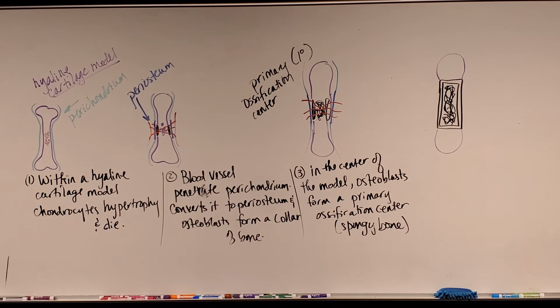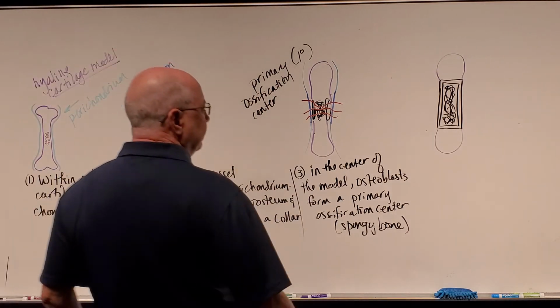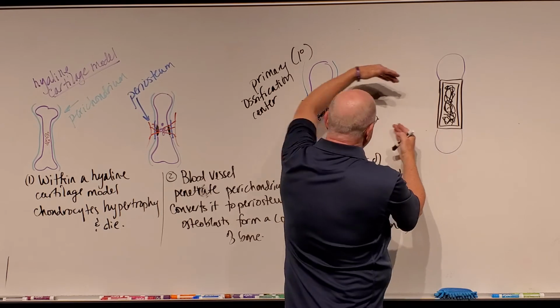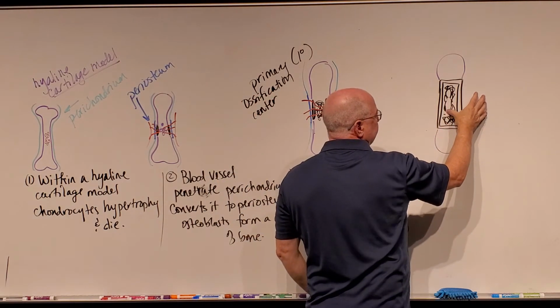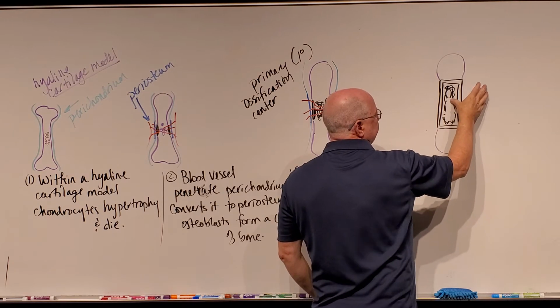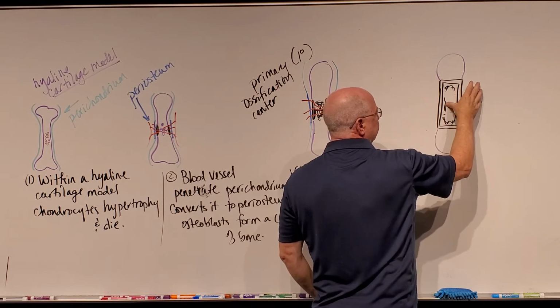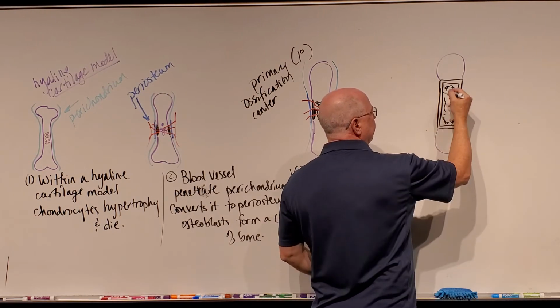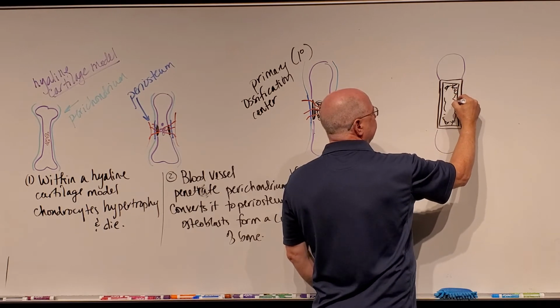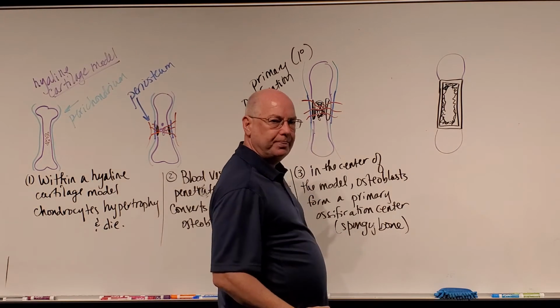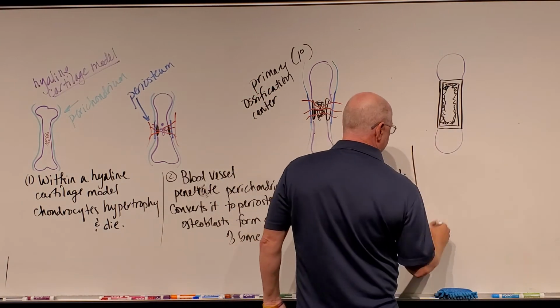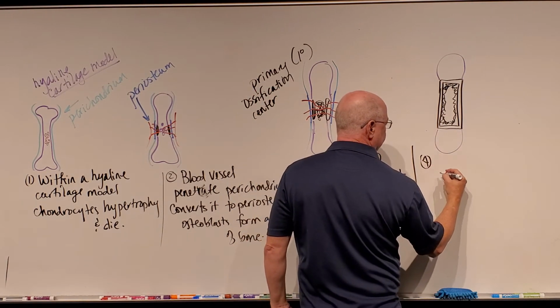I'm getting close to it. But as the ossification center is growing out from this spot, osteoclasts will start to eat away the marrow cavity, or eat away some of the spongy bone and form the marrow cavity, leaving only a thin shell of spongy bone at the edge. So that is going to be our fourth step.